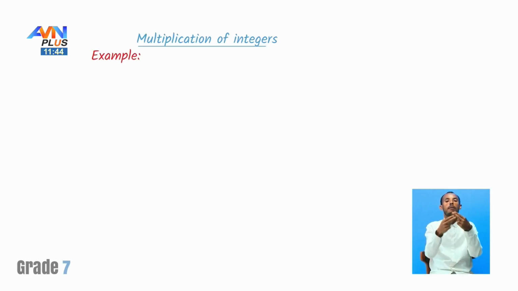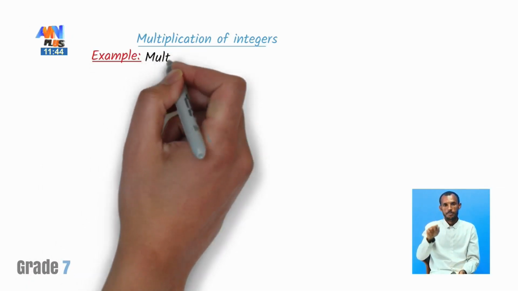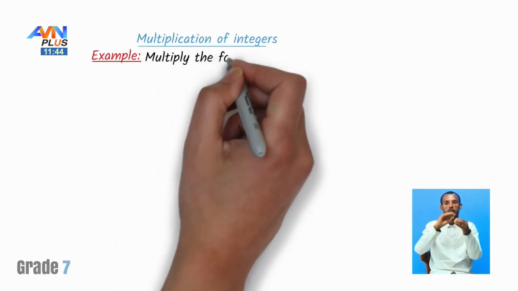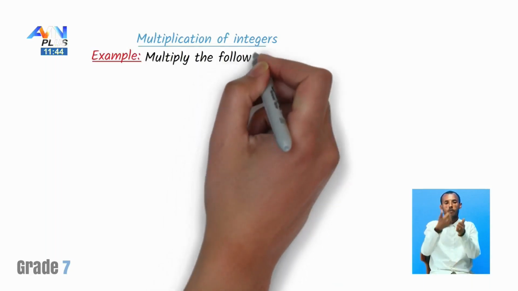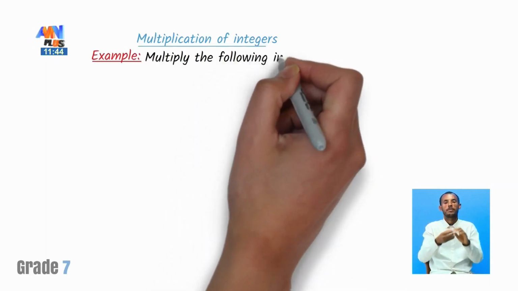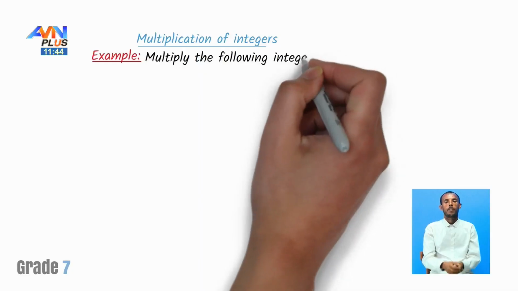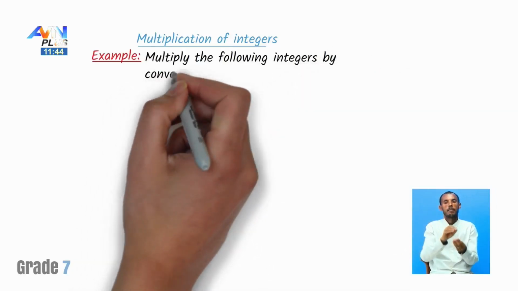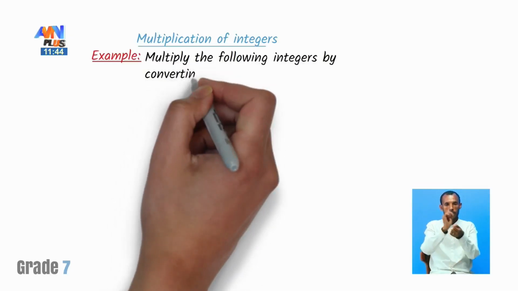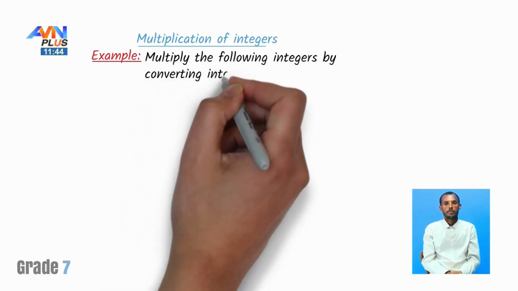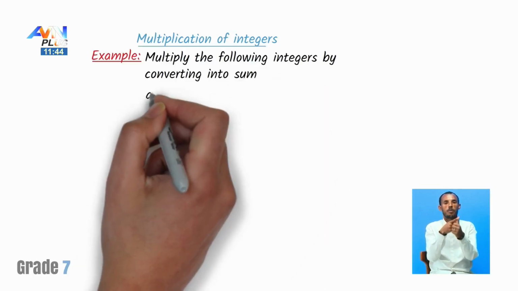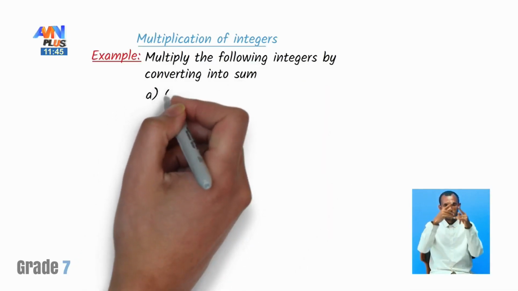Multiply the following integers by converting into sum.